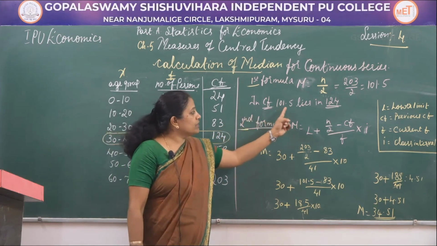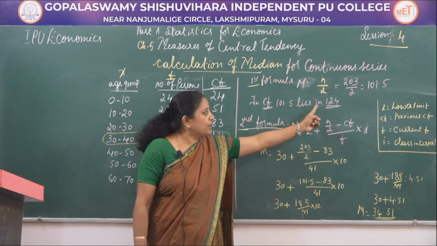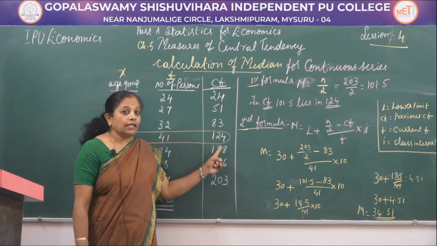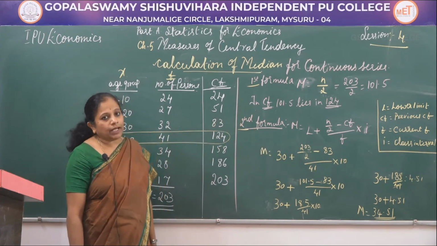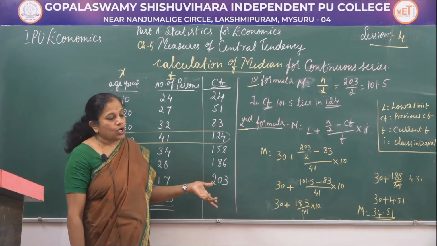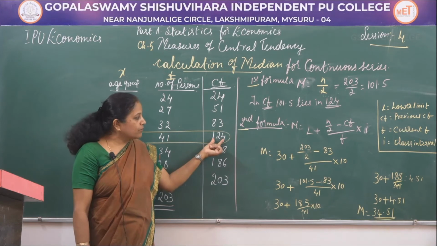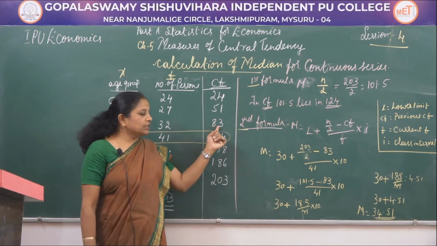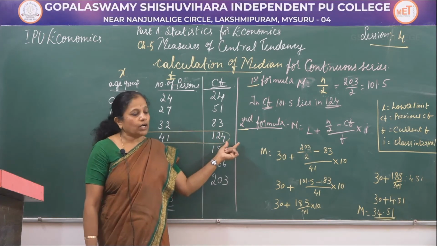In the cumulative frequency, 101.5 lies in 124. We should take the higher value of n divided by 2 than the previous or the lower value. So we have taken 124 because 101.5 lies after the previous value, that is in 124.